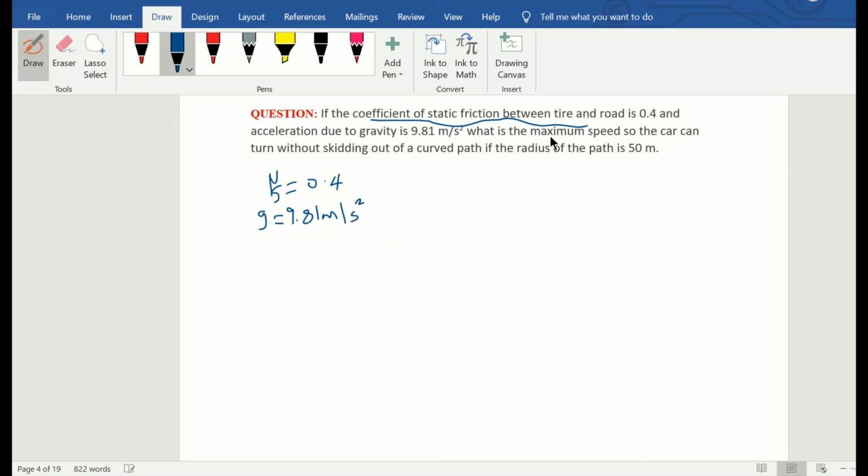We are asked to find the maximum speed so the car can turn without skidding out of a curve. So the speed is not known. If the radius of the path is 50 meters, so my radius is given as 50 meters.